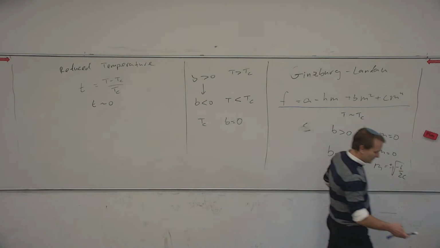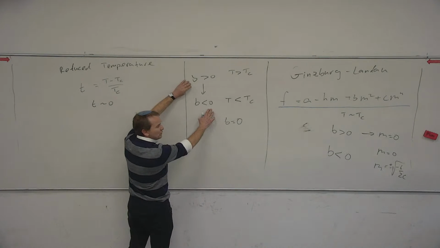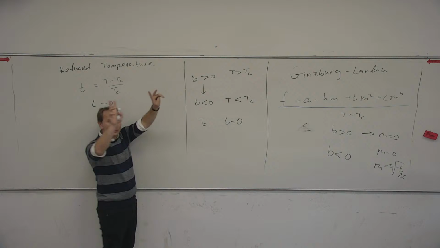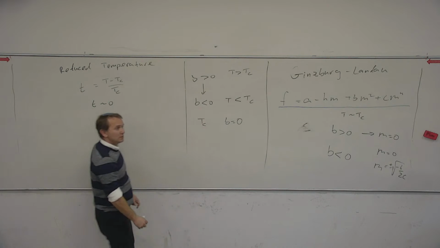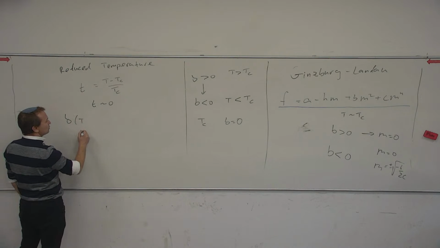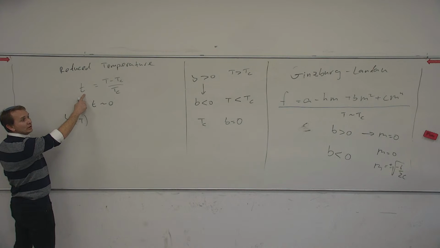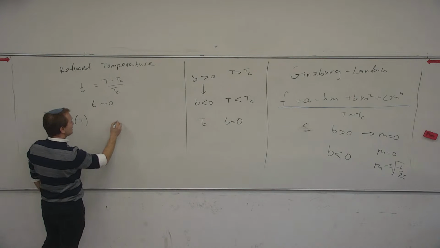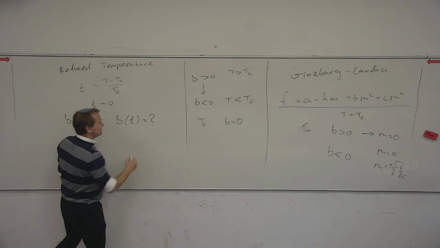Okay. So how is this related to this transition that we observe, the appearance of two additional solutions when B equals 0? Okay. So the question is how B depends on temperature, or, instead of temperature, we look at t, the reduced temperature, and we ask how B behaves as a function of t.